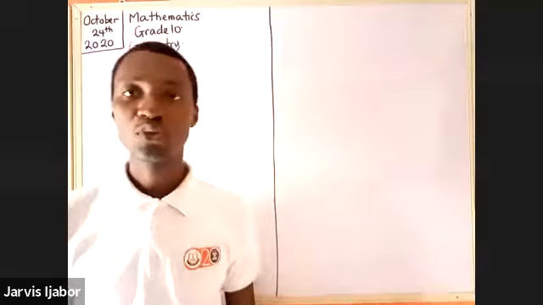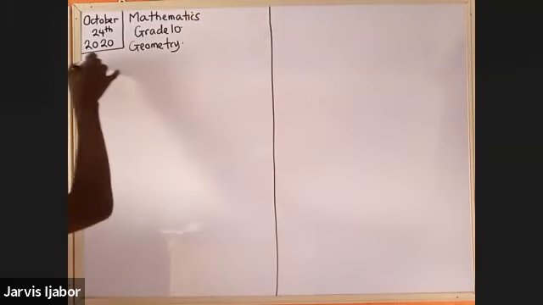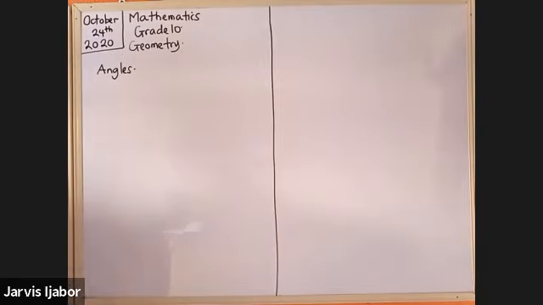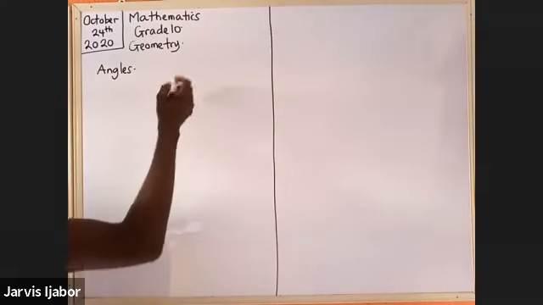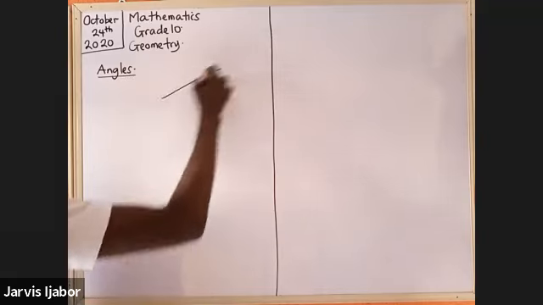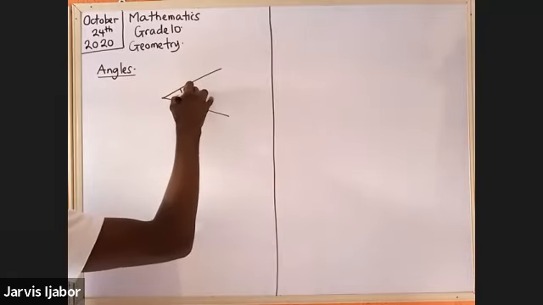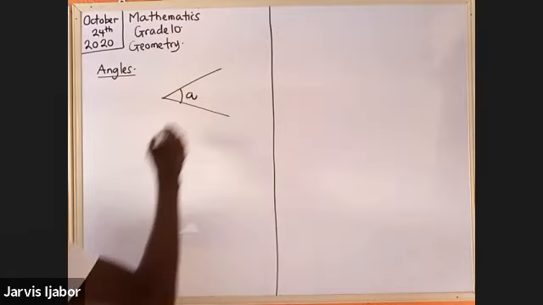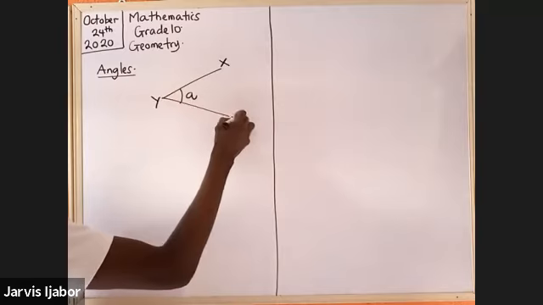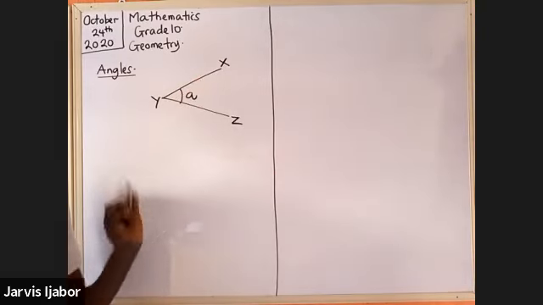So we're treating angles now. Now, for the purpose of understanding, just pick any. So this is an angle A represented by, let's say, X, Y, Z. I just take this as an example.